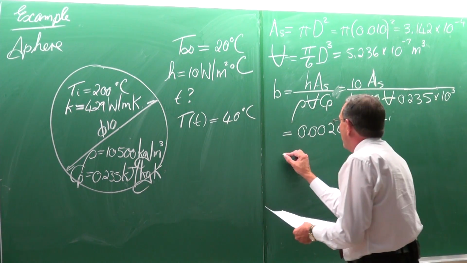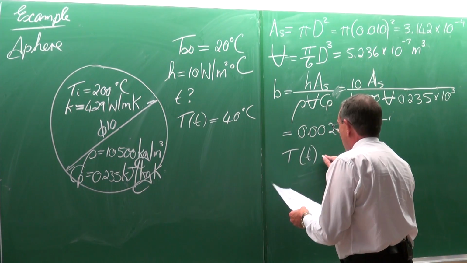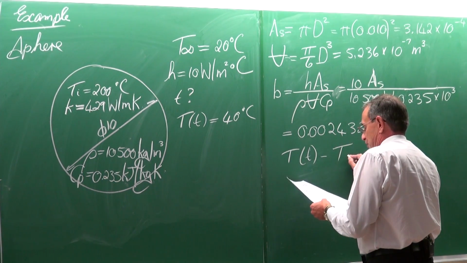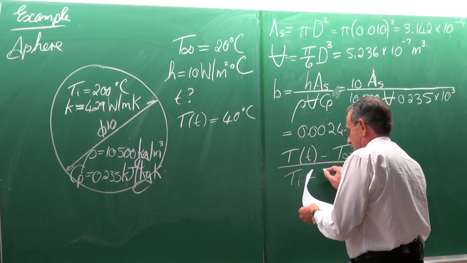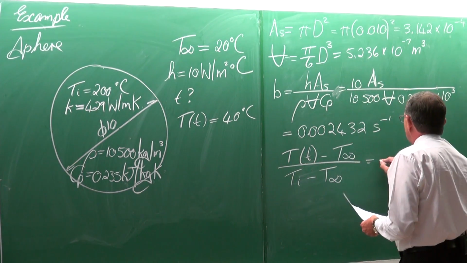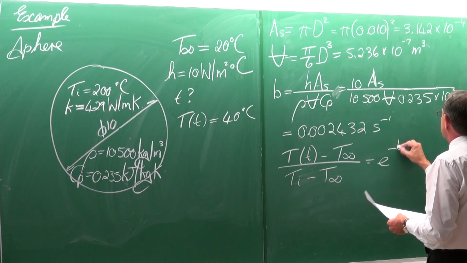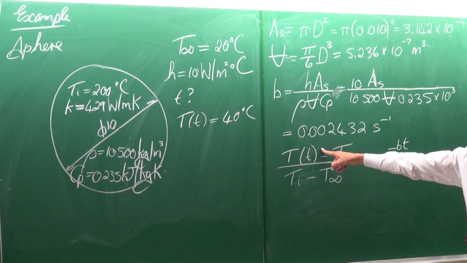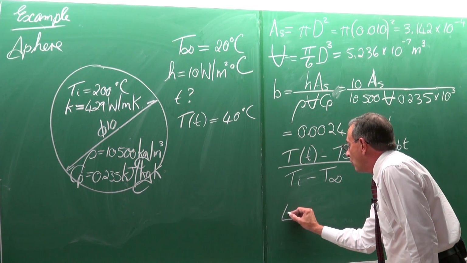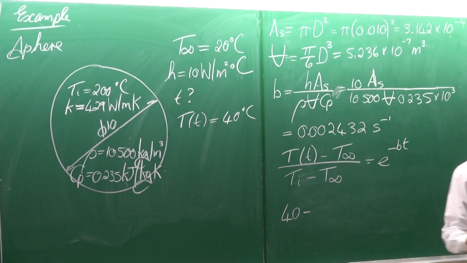So in terms of the formula that we've derived for the lumped system, the temperature minus T infinite divided by the initial temperature minus T infinite is equal to e to the minus Bt. We want to know how long it will take before the temperature reaches 40 degrees Celsius.